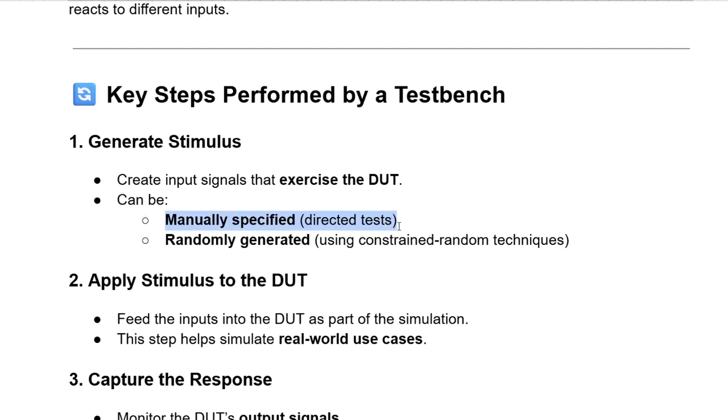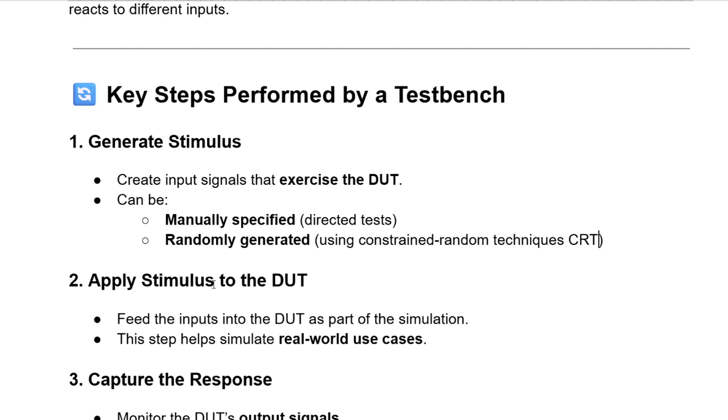The easy and simple way is manual specification, the direct test, but the more complex way is random generation, which has its own benefits. This is the constrained random technique, CRT.